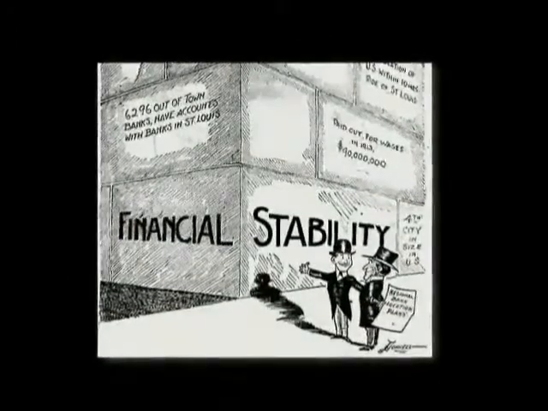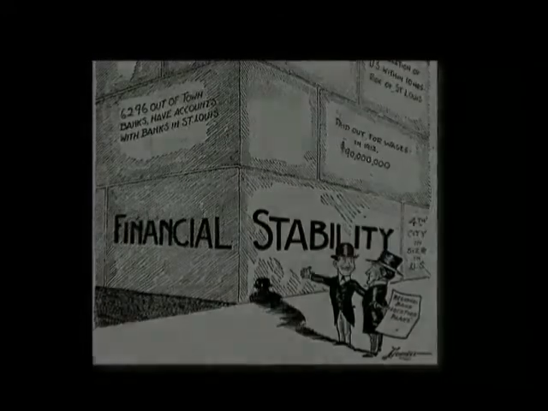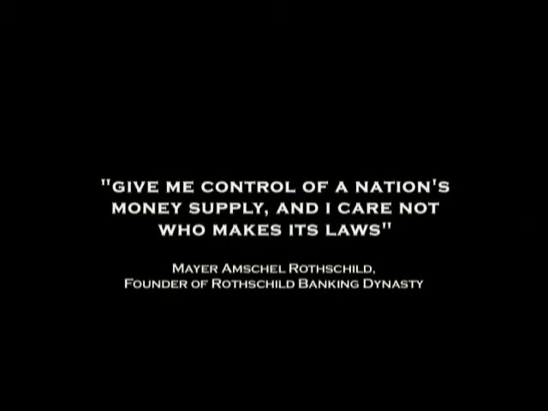Now, the public was told that the Federal Reserve System was an economic stabilizer, and inflation and economic crises were a thing of the past. It's important to clearly understand, the Federal Reserve is a private corporation.